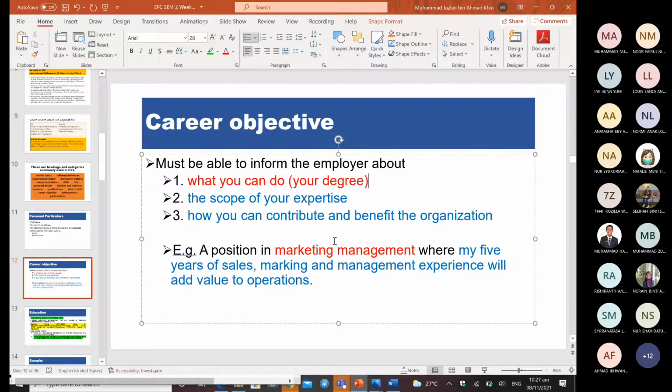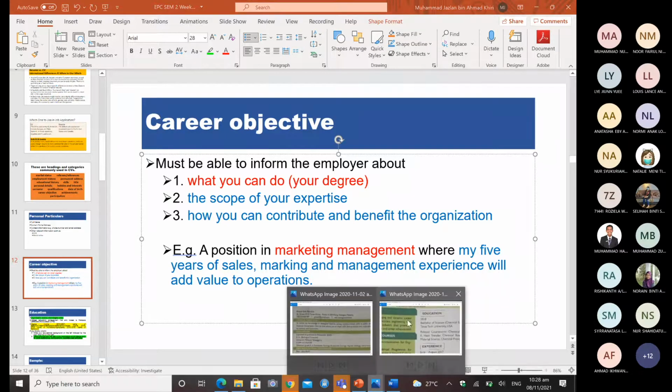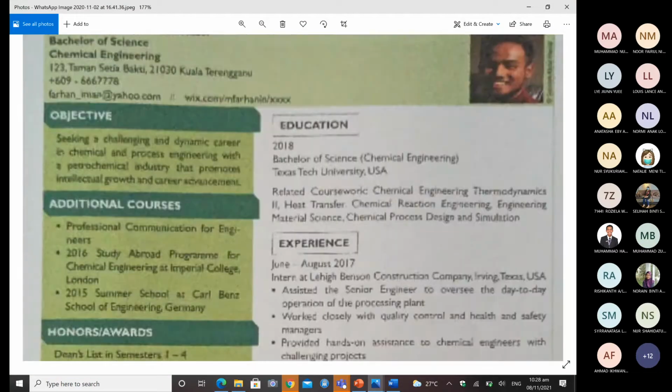In this case, the scope of expertise would be 5 years of sales. And then how does this person contribute? Add value to operations. You will see a similar pattern in the other two CVs here.